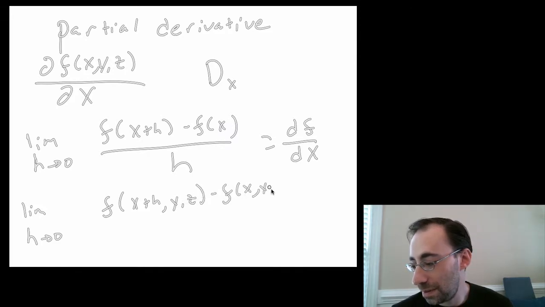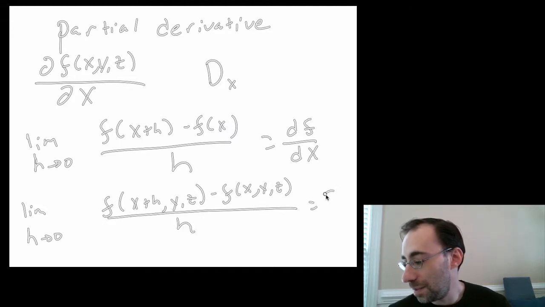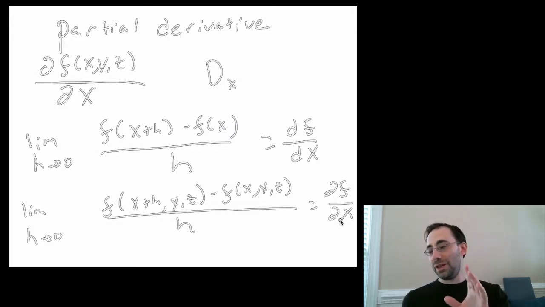You just keep y and z constant. And this would be the partial of f with respect to x. And again, that sort of curly d kind of thing is read as partial. The partial of f with respect to x, or the partial derivative of f with respect to x.